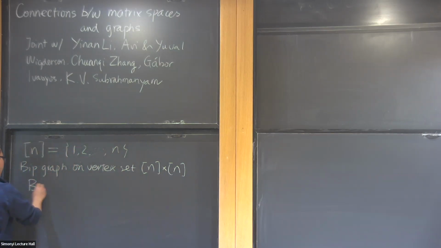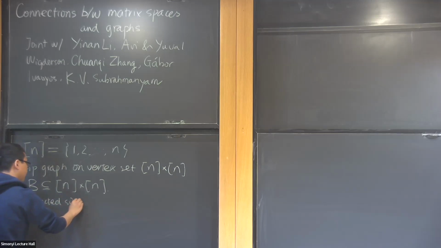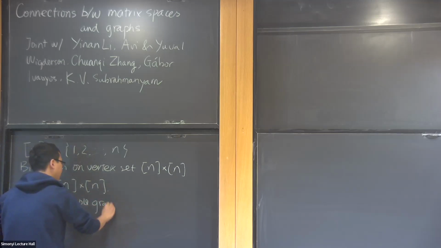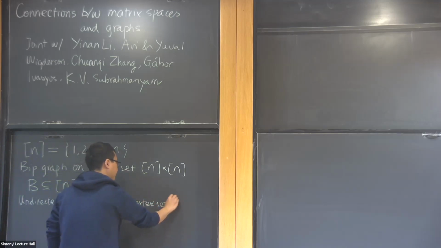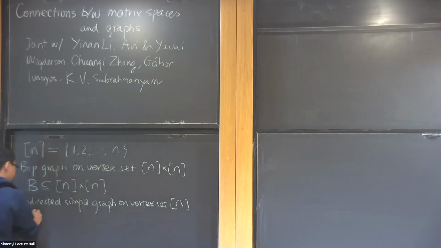So essentially a bipartite graph is just a subset, this is just the edge set, right? Then for general graphs, I will be looking at undirected simple graphs on vertex set just n. Such a graph will be denoted by just a subset of n choose 2, the set of size 2 subsets. So this is a bipartite graph and a general graph in this talk.